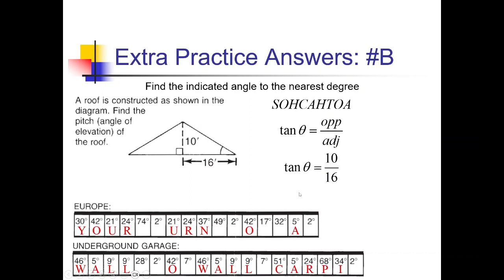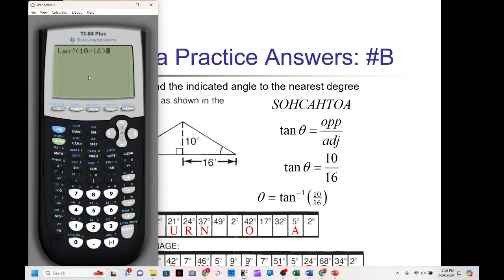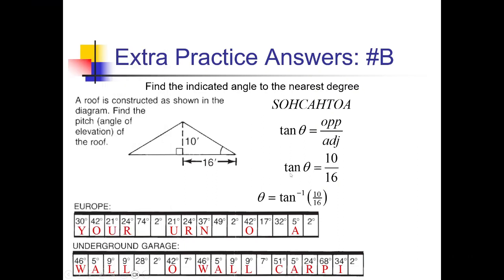So then inverse tan of 10 over 16 gives me the pitch of this roof. So plugging that in, I end up with about 32 degrees, very close to 32 degrees, not much rounding needed there. So 32 is going to get a B. So we have a 32 right here, that's a B. And I think that's it for 32s, just one of those.